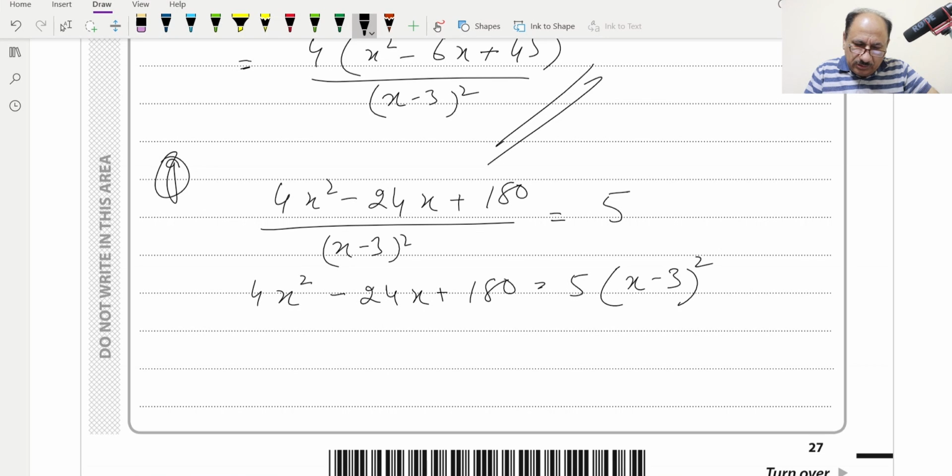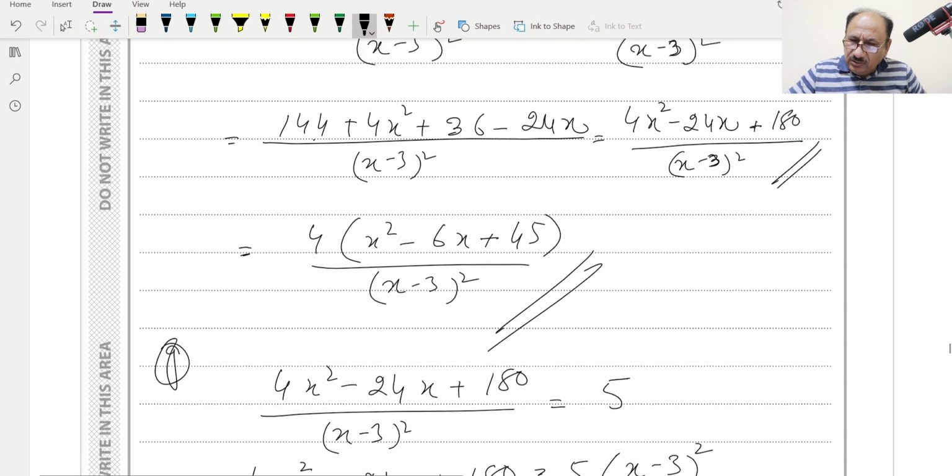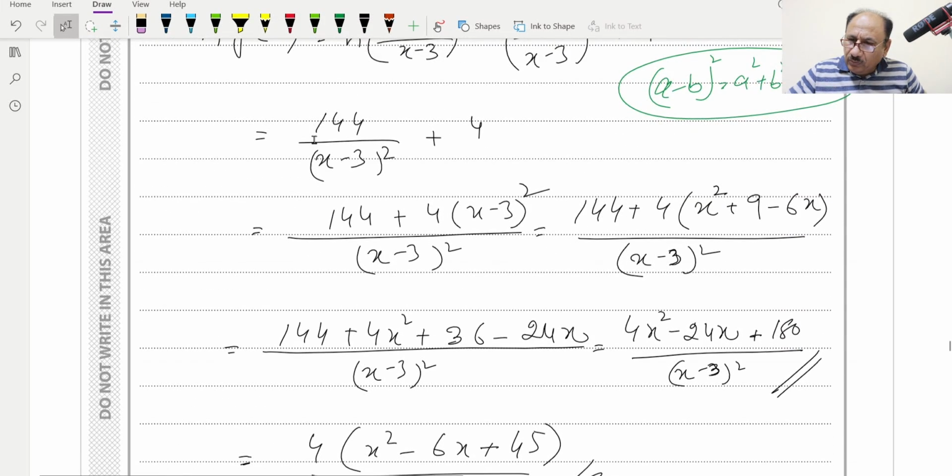Now we can expand this square: x squared plus 9 minus 6x, as we basically opened over here also.